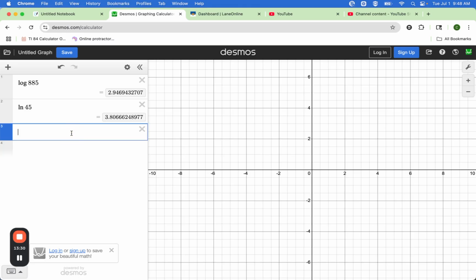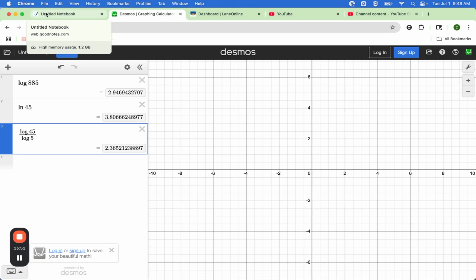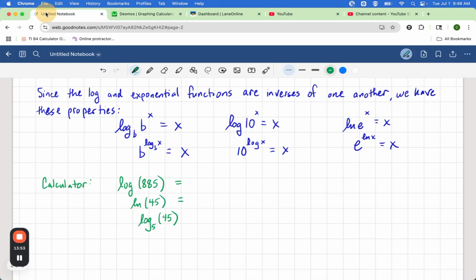Now I'm going to assume there's no subscript on the logarithms. So I'm going to do log of 45 divided by log of 5 for the last one. And I'm going to write that down. And just to show you the property we just used, it's called the change of base formula. All right. So basically there's Desmos for those three.